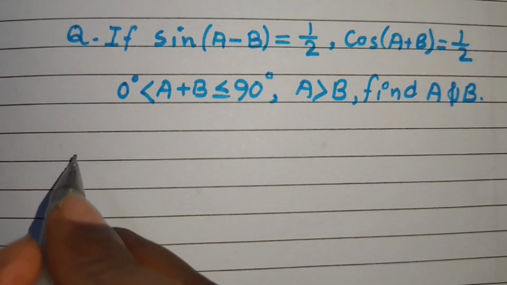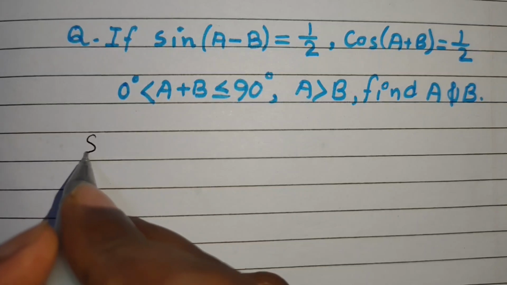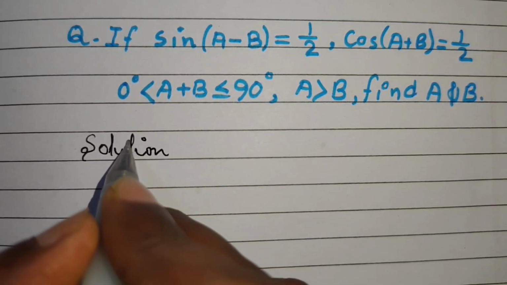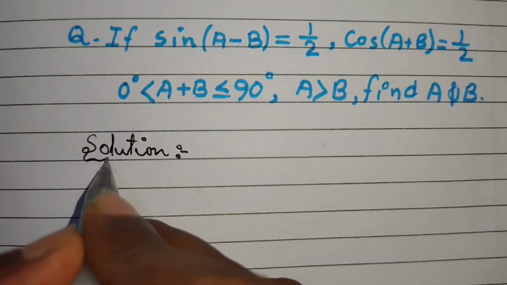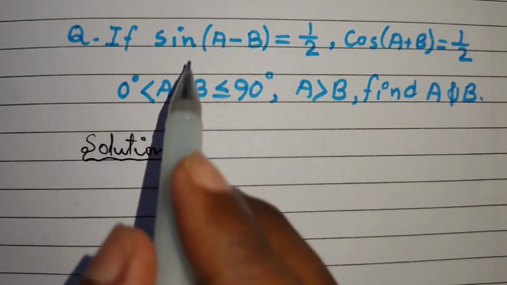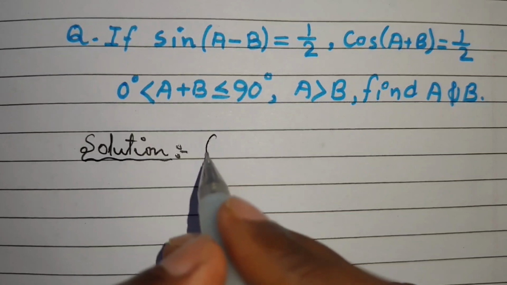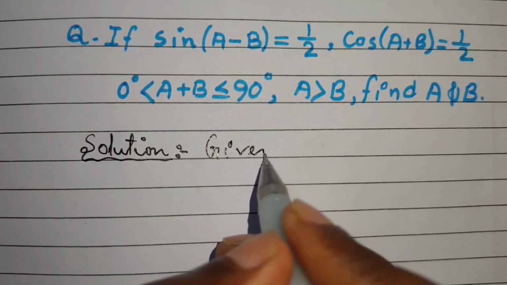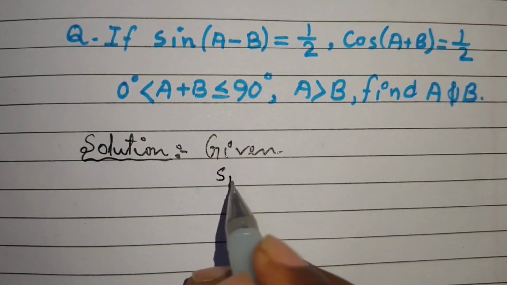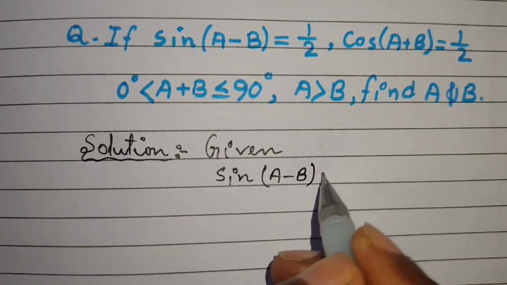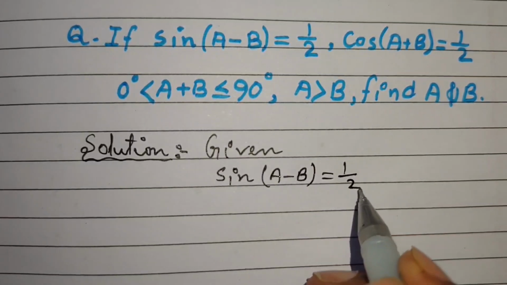So now the solution is here. Given sine of a minus b is equal to 1 by 2.